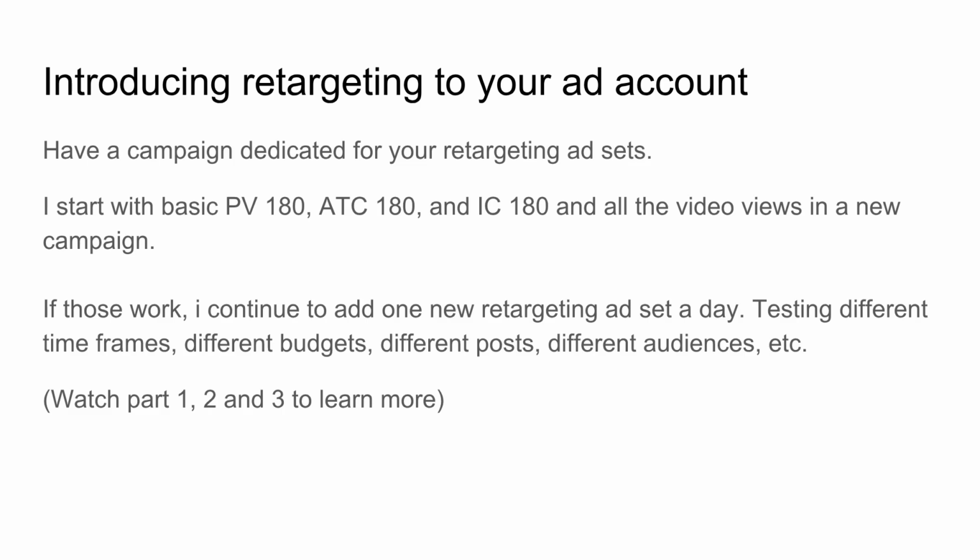But if those work, or if one or two of them work, because not all of them are going to work, but maybe sometimes, I like to add one new retargeting ad set a day.